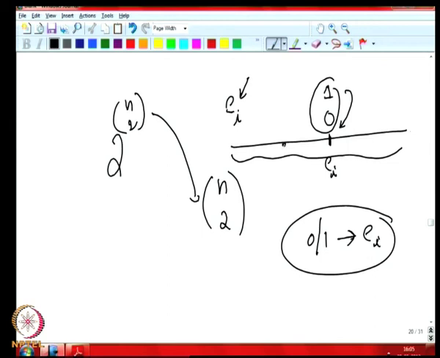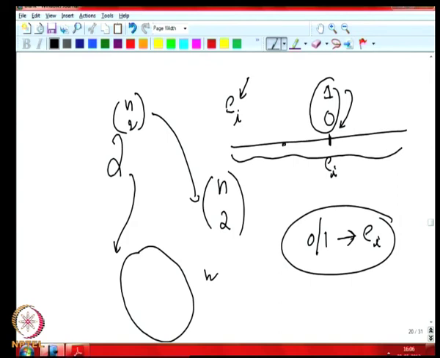You just look at the ith position; if it is a 1, put an edge there, otherwise do not. So if I get any binary string of length n choose 2, I can get a unique graph from that on n vertices. The converse is that if you get any graph on n vertices, we can write down the corresponding binary string. You just look at the ith edge, and if that edge is present, put 1 in the ith position, otherwise put 0.